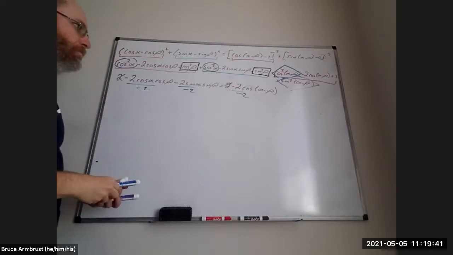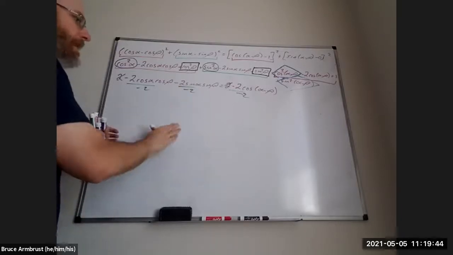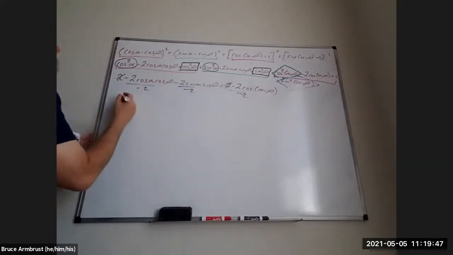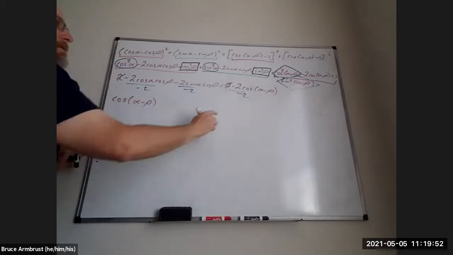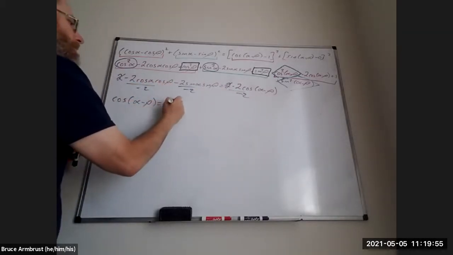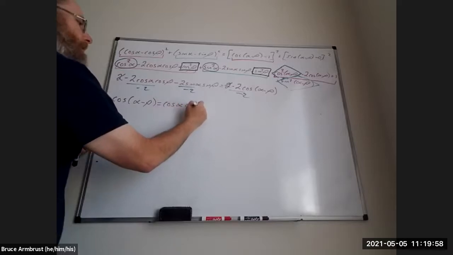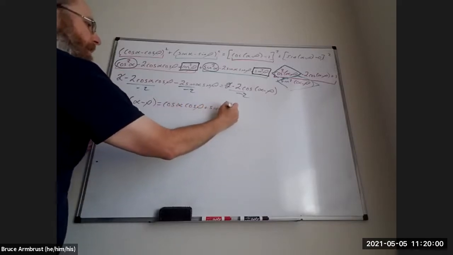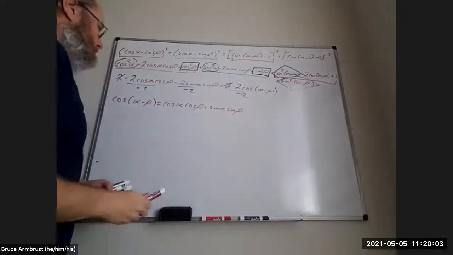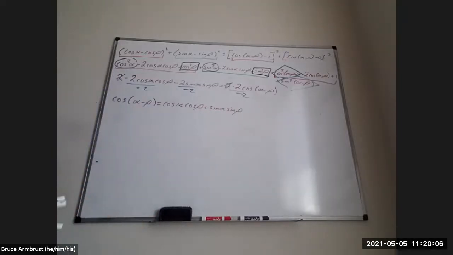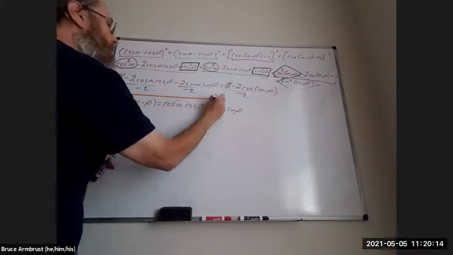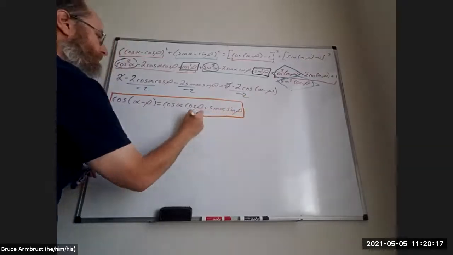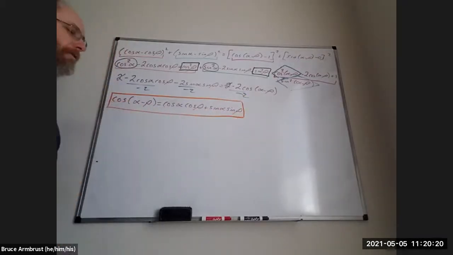And what I'm left with, and I'm going to flip sides just because I want to, is cosine of alpha minus beta equals cosine of alpha cosine of beta plus sine alpha sine beta. And go ahead and put a box around that, because there is our difference of angle identity for cosine.